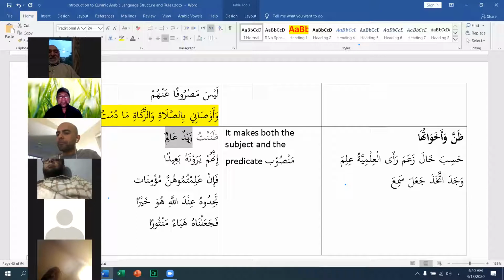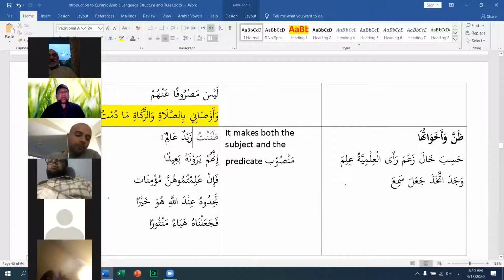Nope. لا خبر. خبر مرفوع. You're trying too hard. We have مبتدا and خبر. That's it. Okay. زيد is مبتدا, عالم is خبر. خبر مرفوع وعلامة الرفع الضمة على آخره. So زيد مبتدا, عالم خبر.